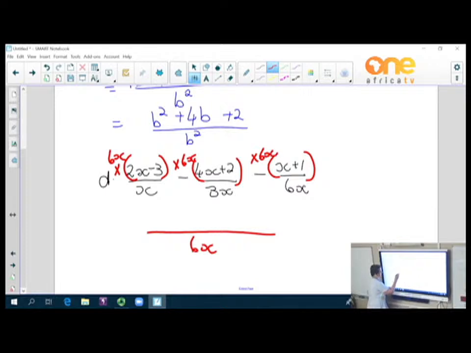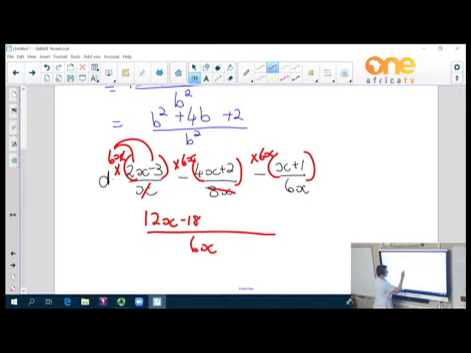So what can cancel? The x and the x. Now you multiply the 6 with each one inside that bracket. That's why the brackets are important. It's important that you first do these exercises now and then mark them. So this is then 12x minus 18.